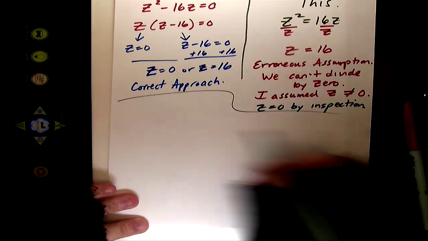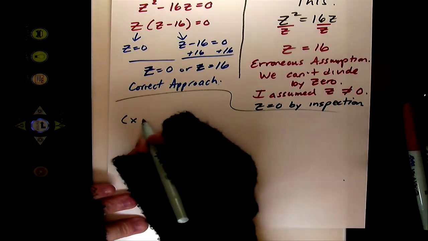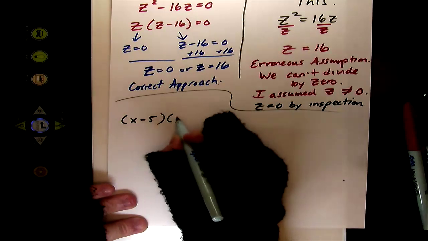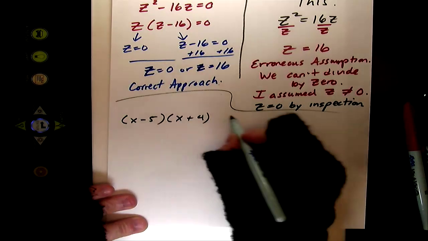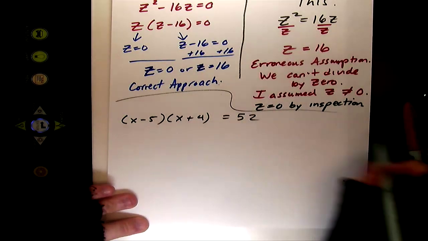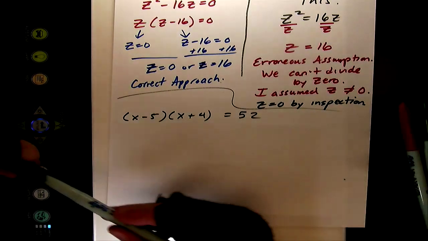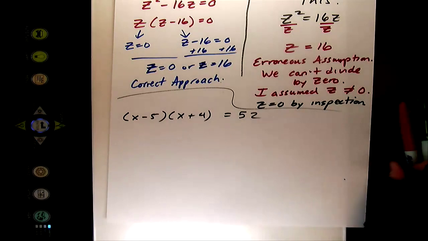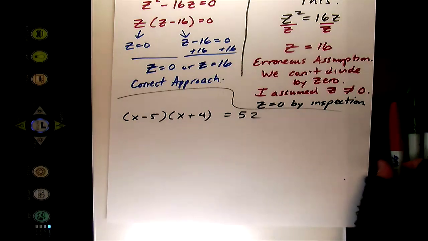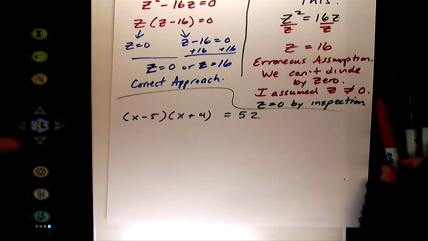All right, last one of this form. I put this up here because this is another common mistake. The zero product rule only works if the side is 0.